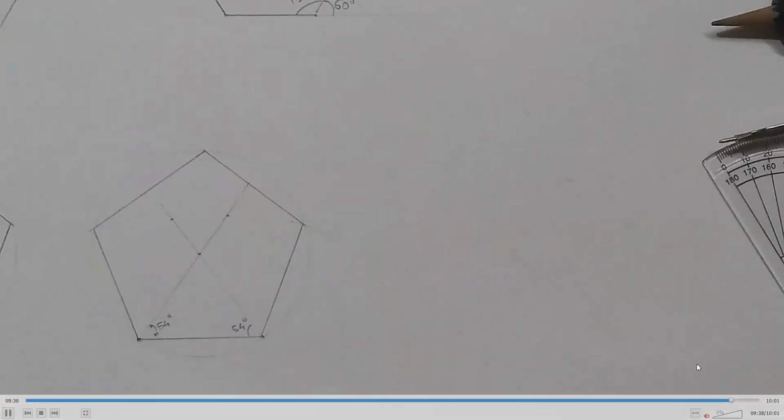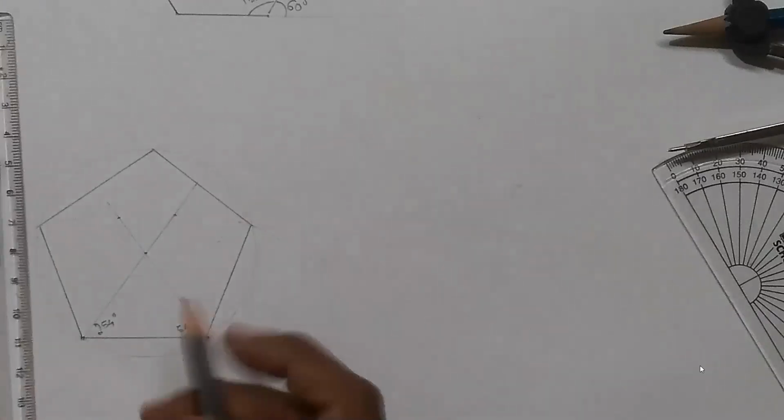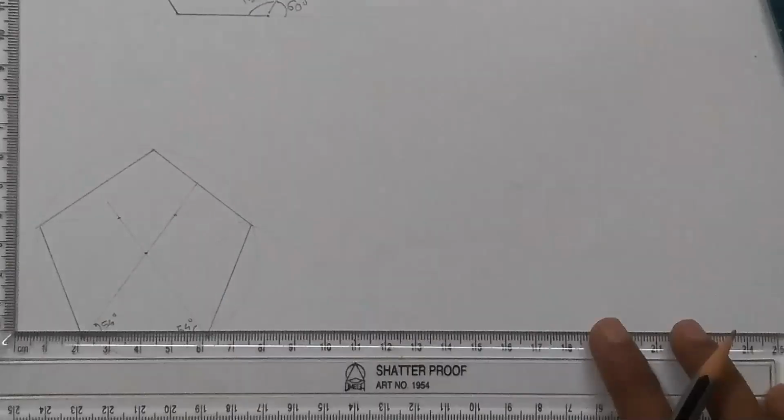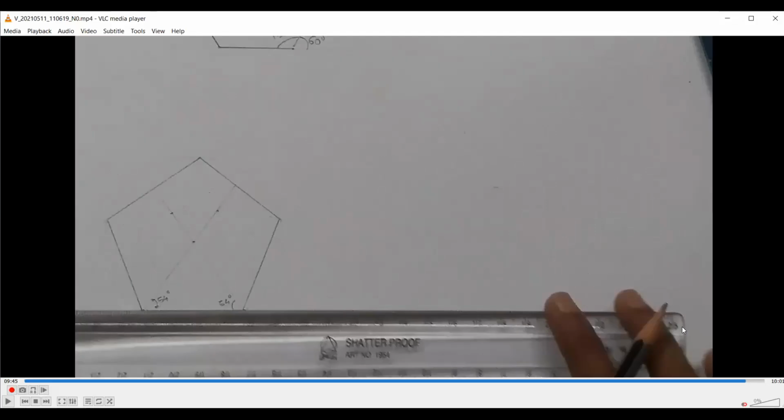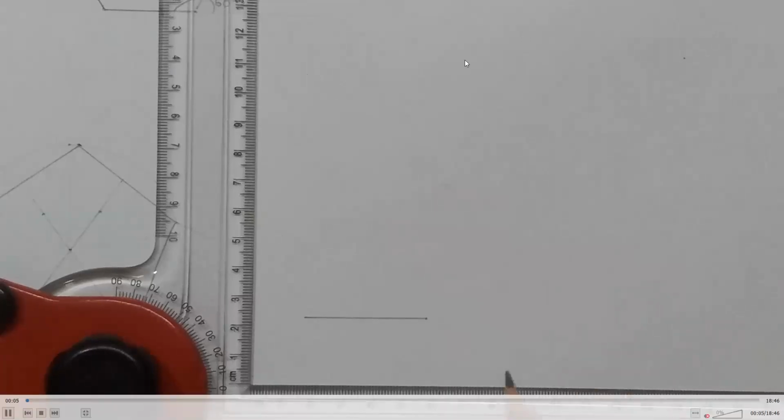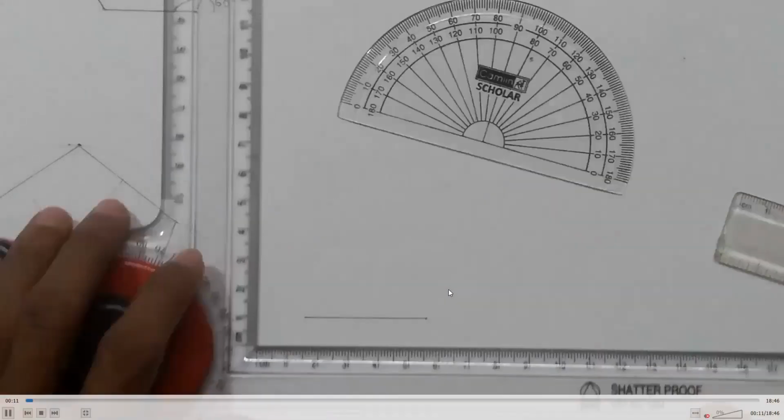Okay, so in this way you can prepare the polygon, that is a pentagon. Okay, this is the second method to draw the pentagon.